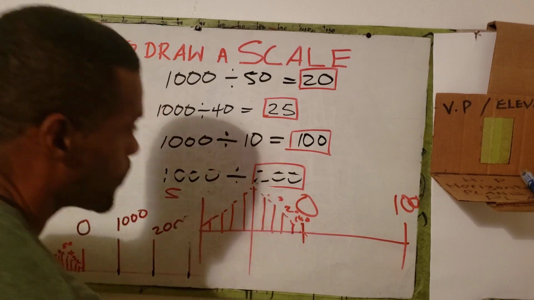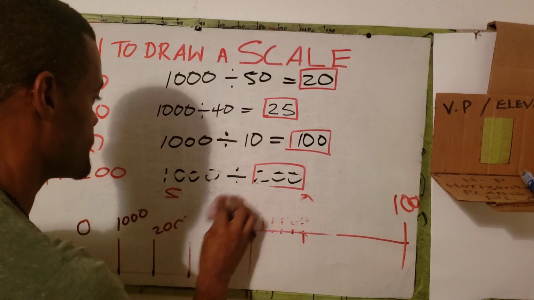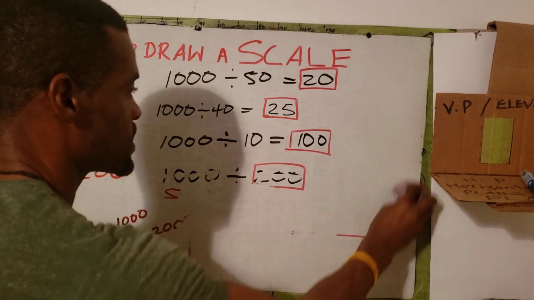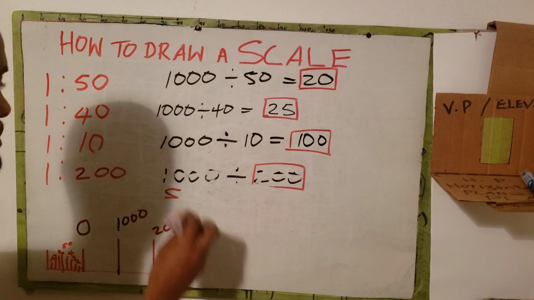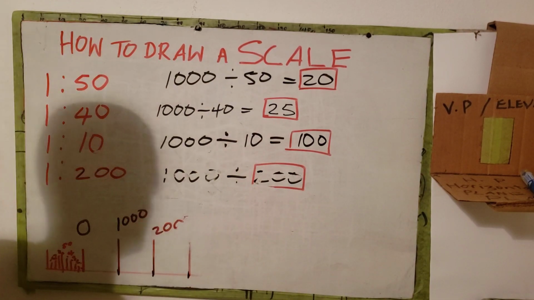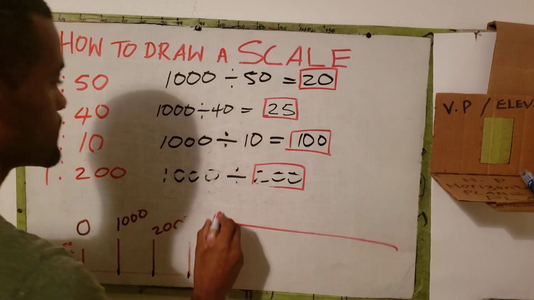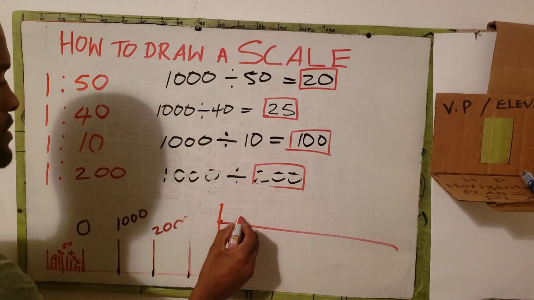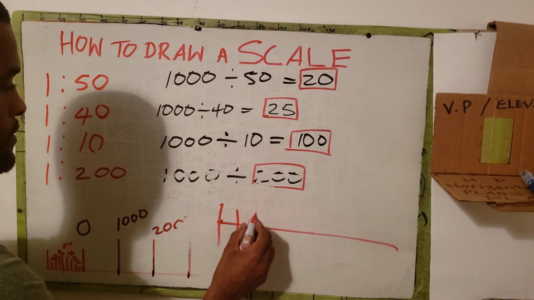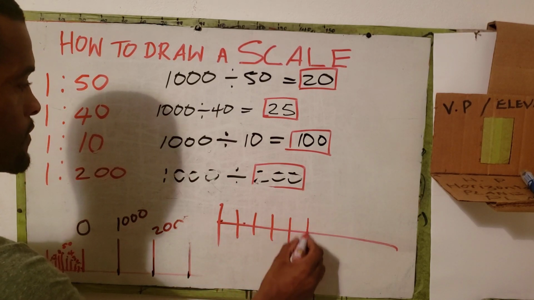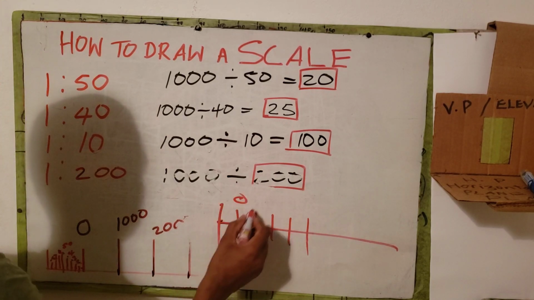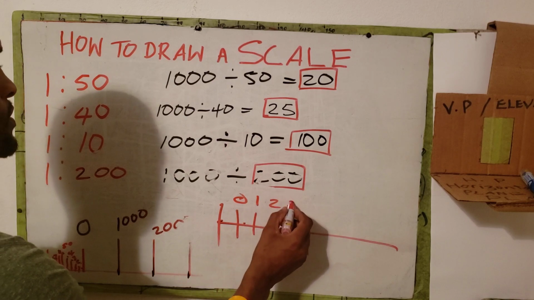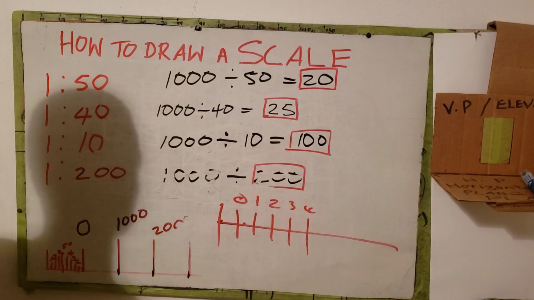Again, we would draw our line. So the space would be 5 millimeters. Draw our line, mark off our 5 millimeters. 0 starts here, 1,000, 2,000, 3, 4, up to whatever.